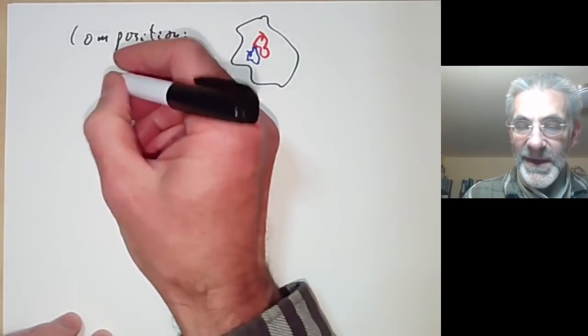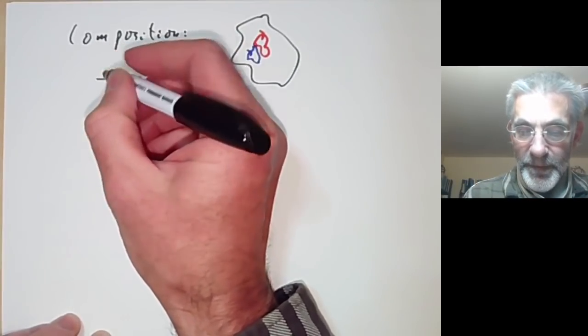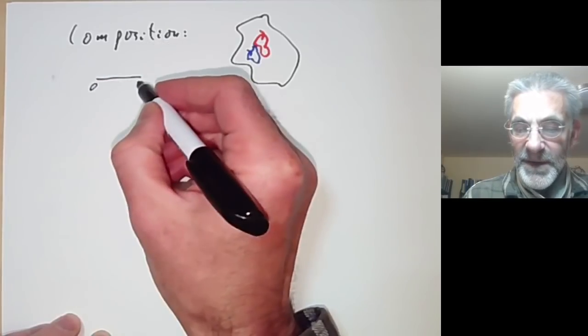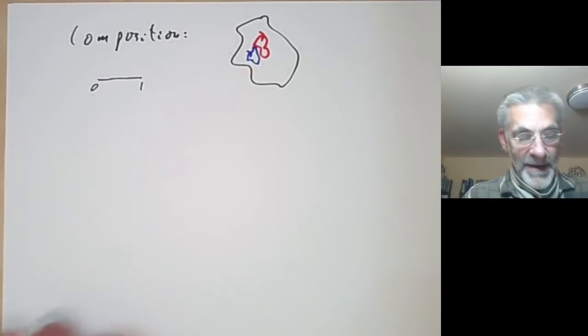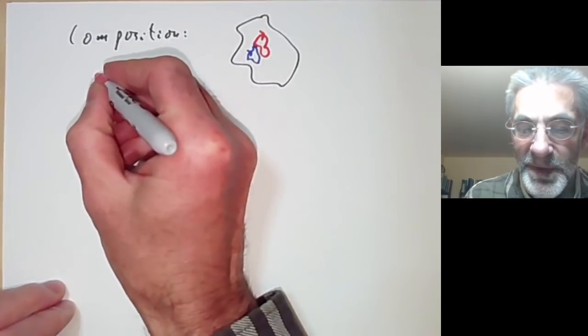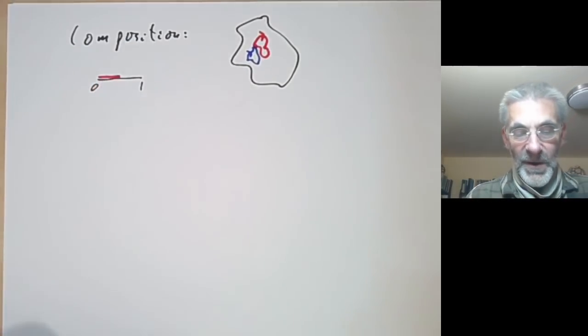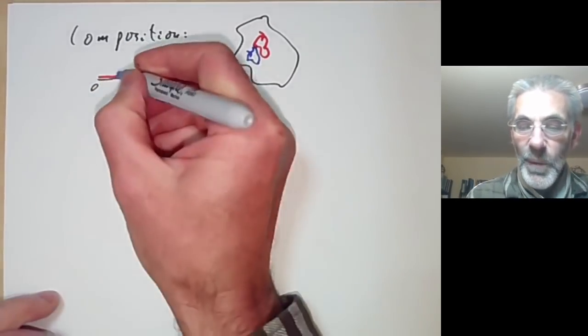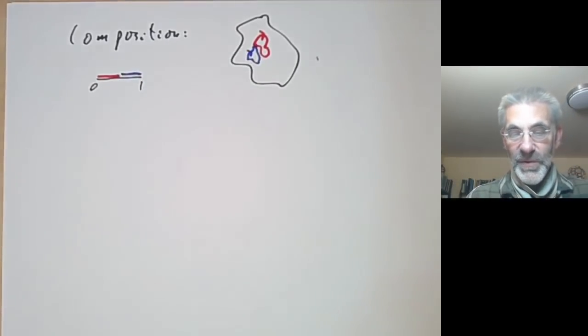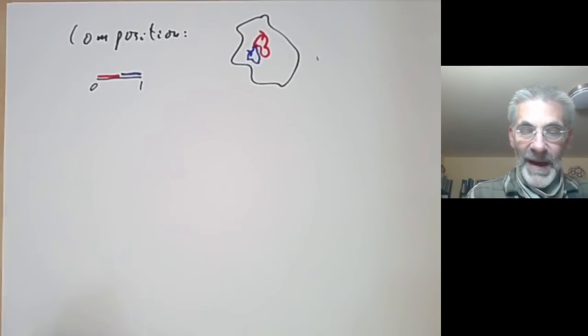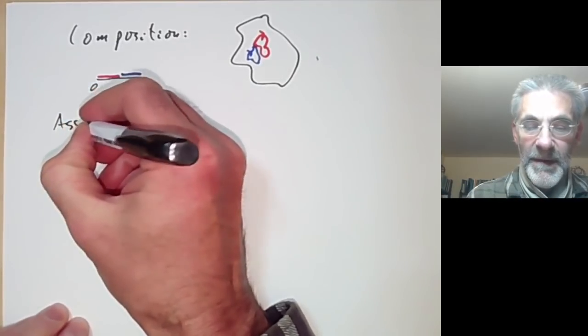The way this is done is, if you've got an interval 0 to 1, then from 0 to a half you go along the red loop, and from a half to 1 you go along the blue loop. Now we should check this is associative.